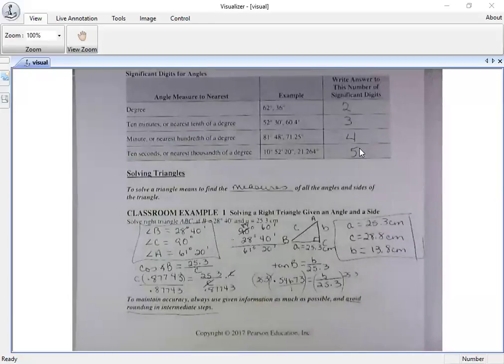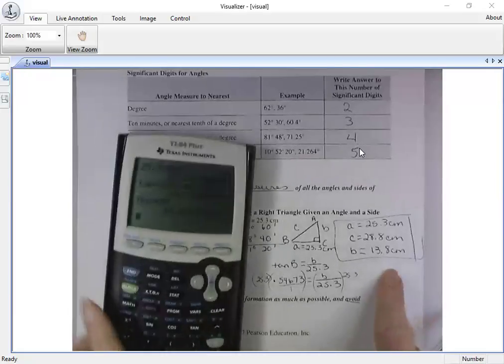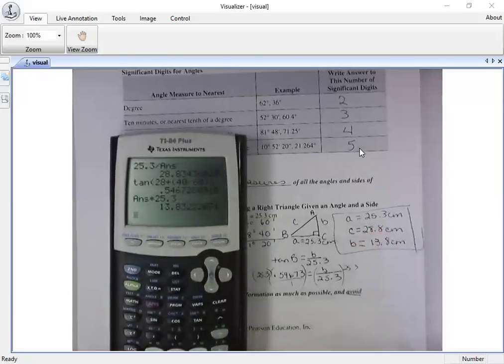Were there other ways we could have found these missing parts? Absolutely. In fact, if you wanted to use Pythagorean theorem, you can, but I want to show you something here. C is our hypotenuse. So we would have a squared plus b squared equals c squared. And c we had already found at this point when we were looking for b. We didn't know b.